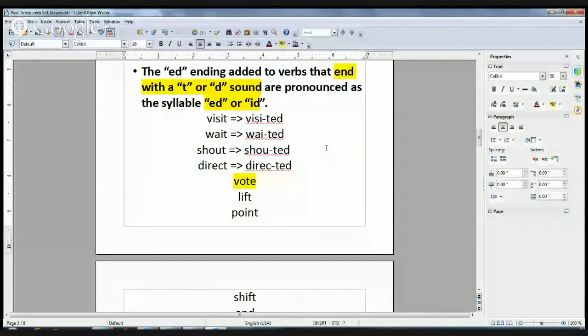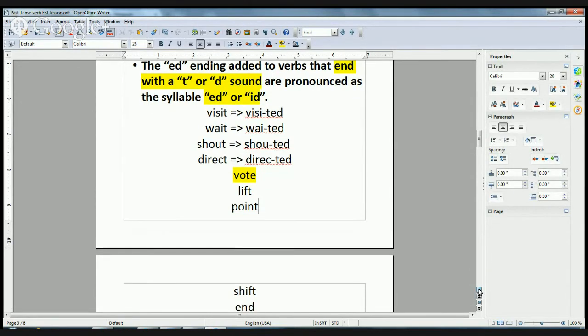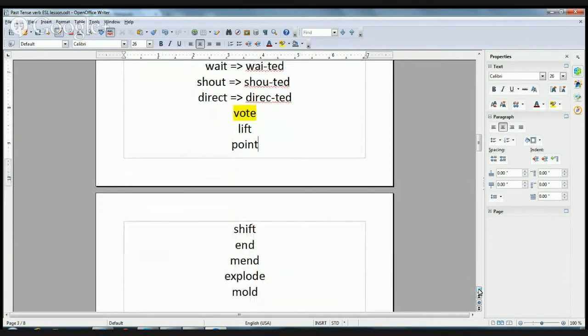Yeah, so you're going to pay attention. You are going to look at the word. For example, in the first four words, they do end with the letter T. But vote doesn't, and explode also ends with an E, but it has a D sound. Explode, explode.